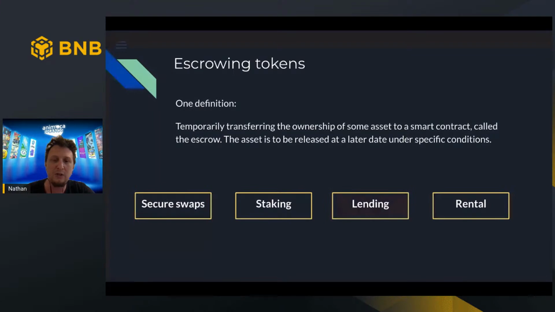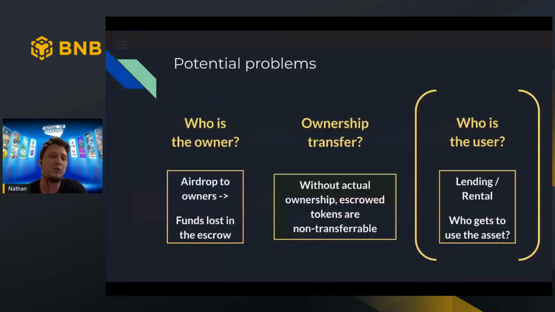So the potential problems which can arise when escrowing, first of all, let's talk about NFTs. If your NFT is escrowed in a contract, then who is the owner?